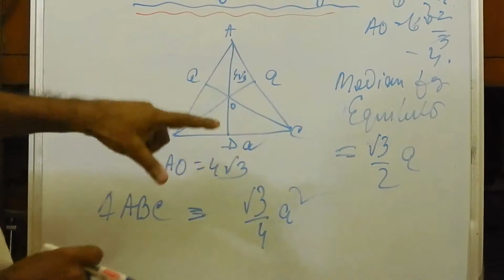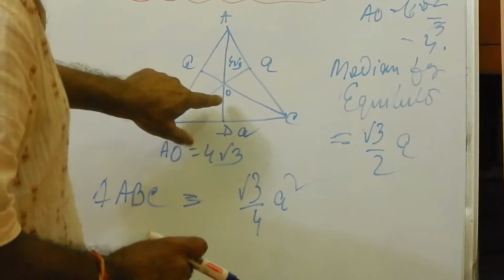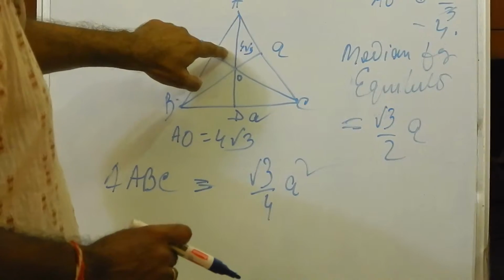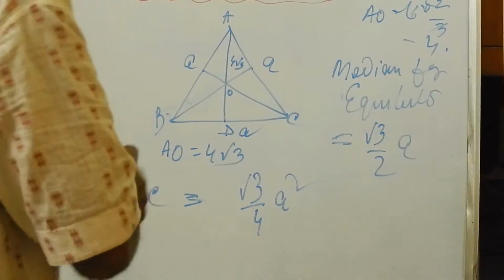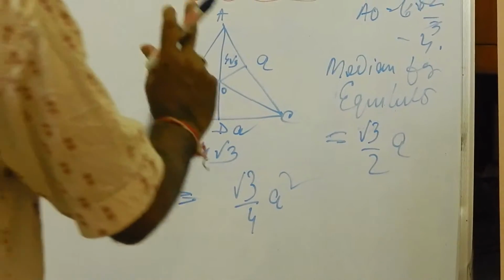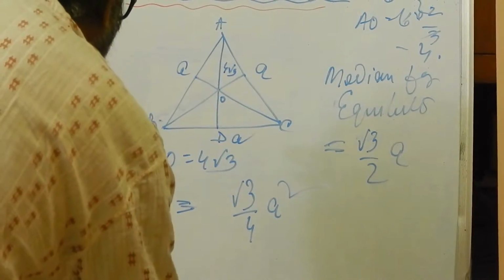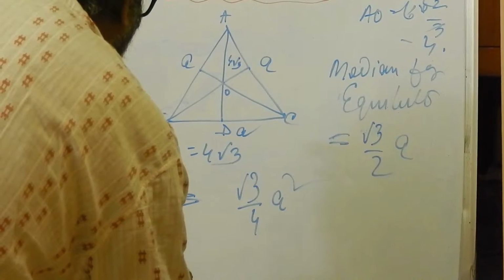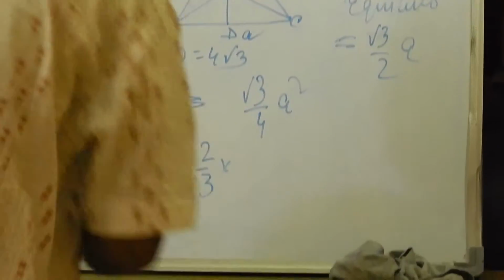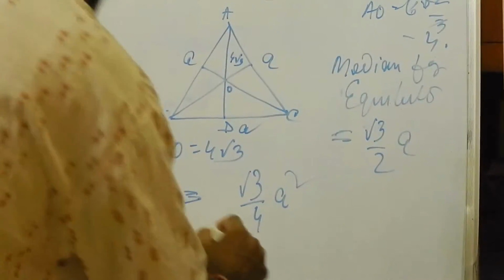So now the distance between the centroid and the vertex is 4√3, and we know this distance AO is 2/3 of the median. So AO equal to 2/3 of what? Median AD.